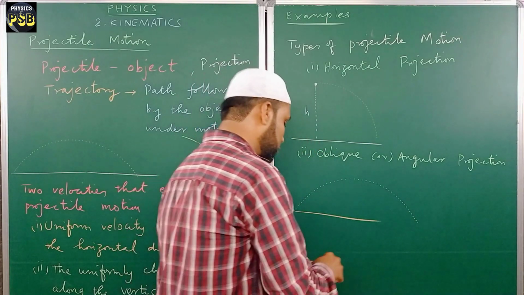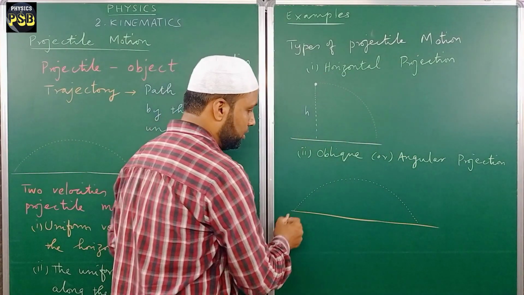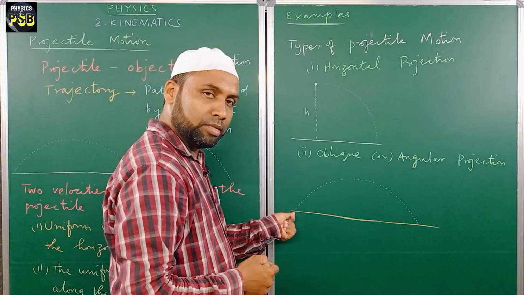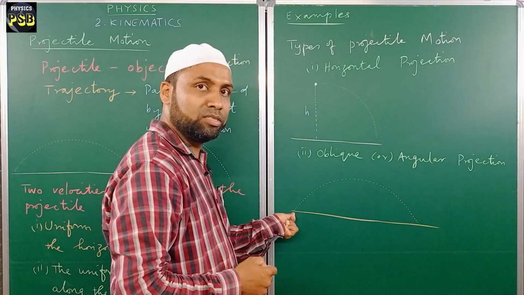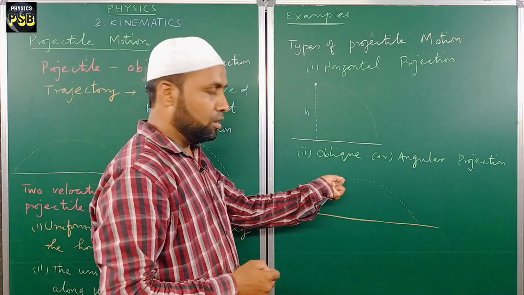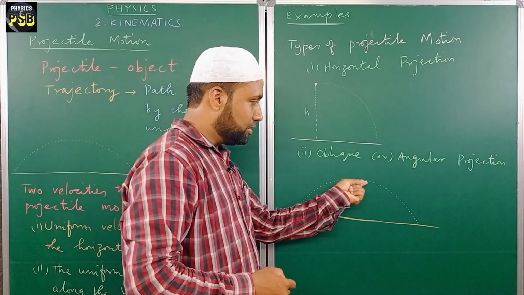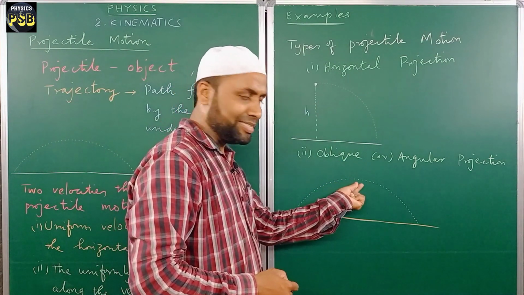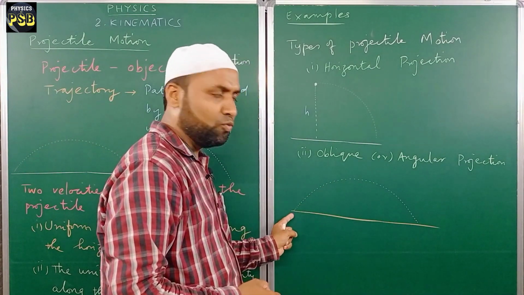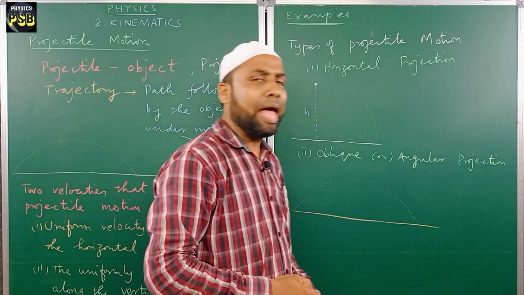This path is the trajectory of that projectile. Here we have thrown an object from the surface of the earth with some initial velocity in air. So it starts moving upward. But due to the gravitational pull, after one particular point, it starts moving downward. When an object is thrown in this way, we call such projection oblique or angular projection.